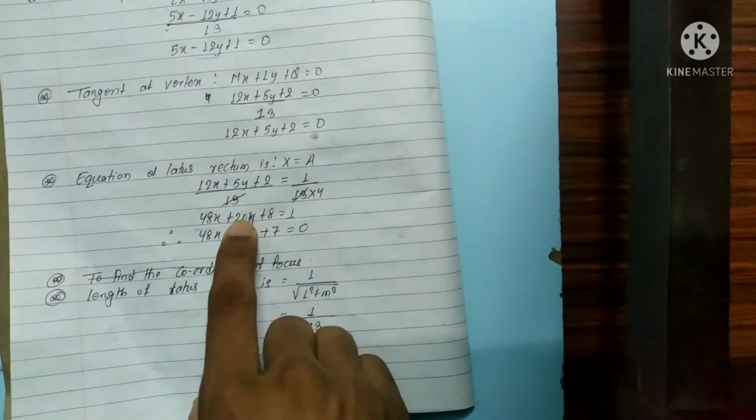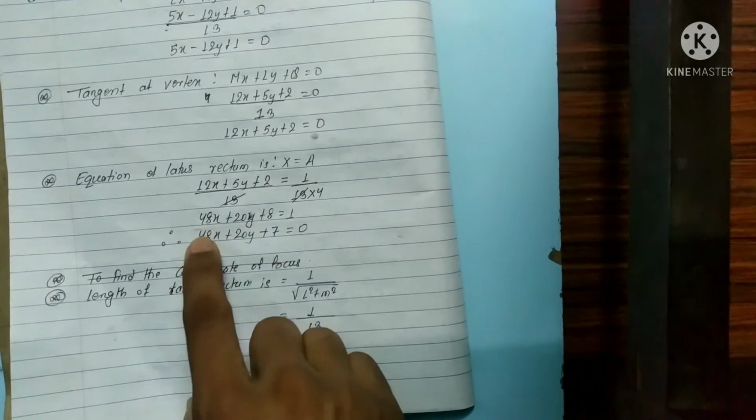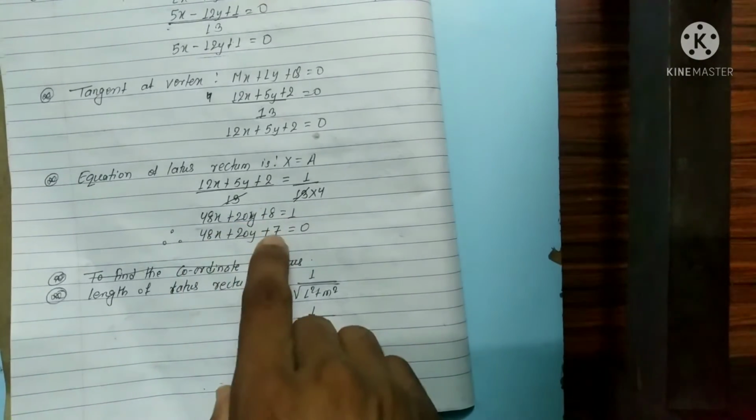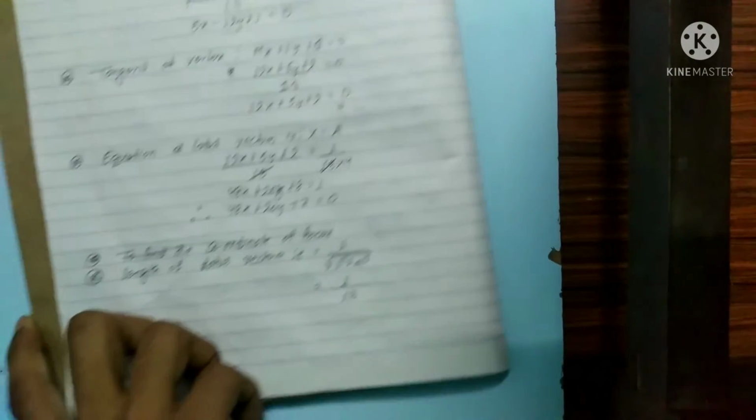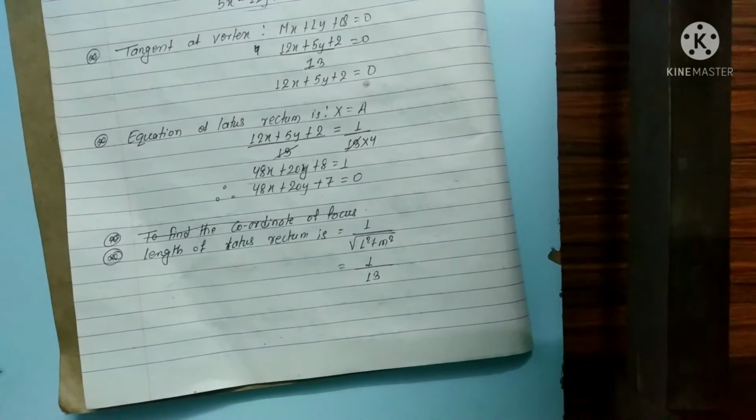If we take the left side, then 48x plus 20y plus 7 is equal to 0. This is the equation of the latus rectum.